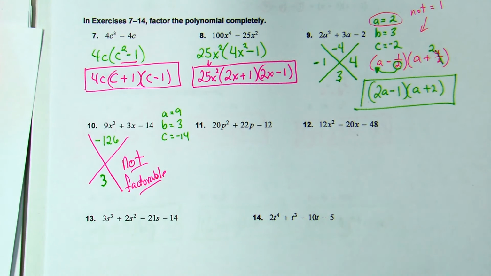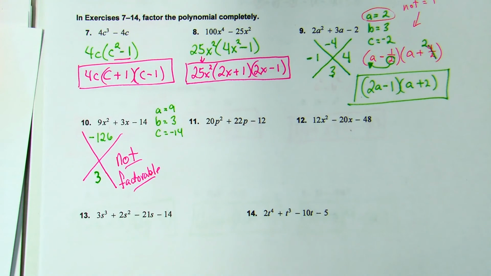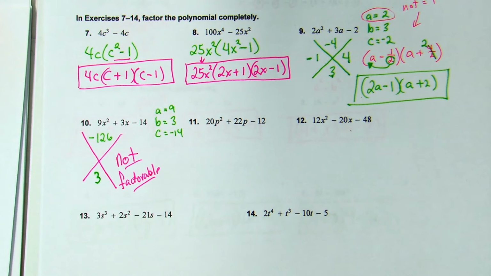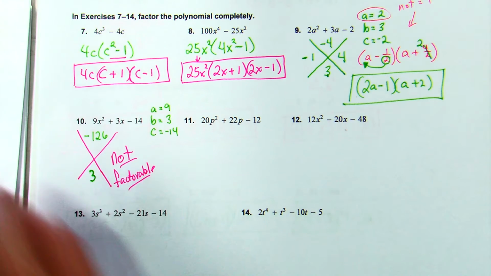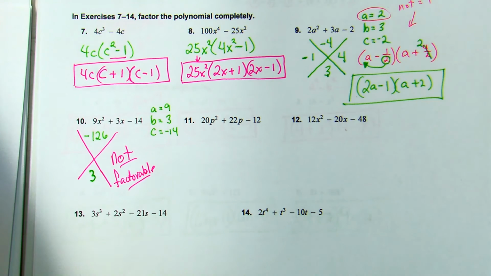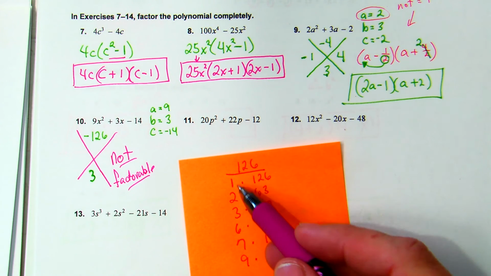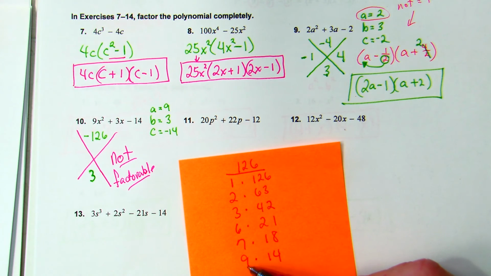Okay? College professor kind of showed us this little trick. You kind of see the pattern anyway, but he showed this little trick on the board, and it made a lot of sense. Whenever I have factors, as I go down this list, if I went to the next number that would be a factor, it would be 14.